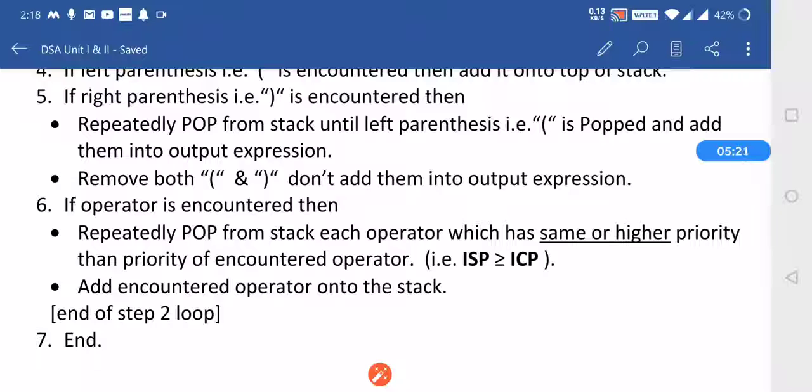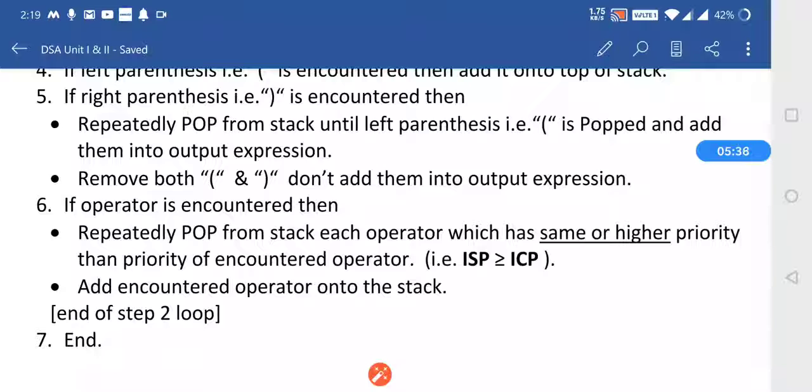So the comparison is done between the operators. Whenever there are two operators, the one with the highest priority will be moved to the output from the stack.